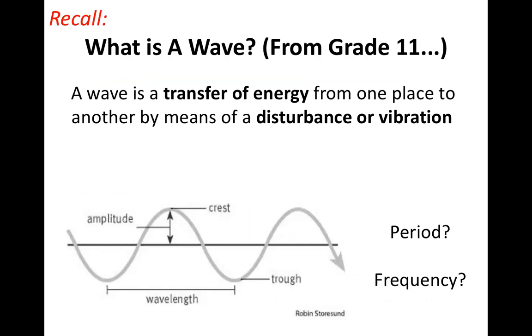So a wave is a transfer of energy from one place to another by means of a disturbance or a vibration. You should be familiar with amplitude, frequency, wavelength, period, crest, and trough. Notice that with period and frequency, I didn't have anything to point to because they are time-based characteristics.